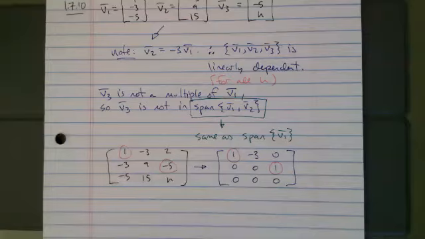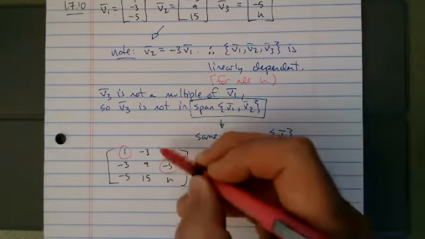How's everybody? Okay. So a question came up, is this an augmented matrix? If we could ask the question, is V3 a linear combination of V1 and V2, we could think of this as an augmented matrix.